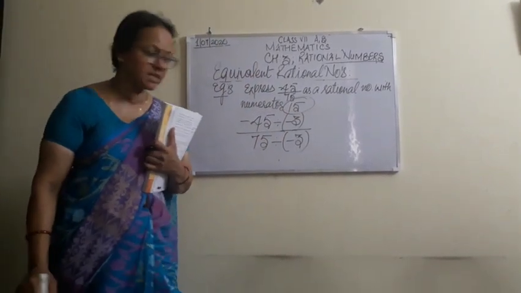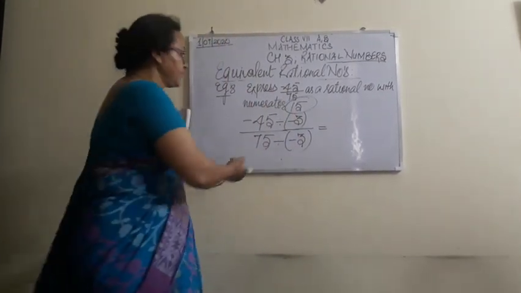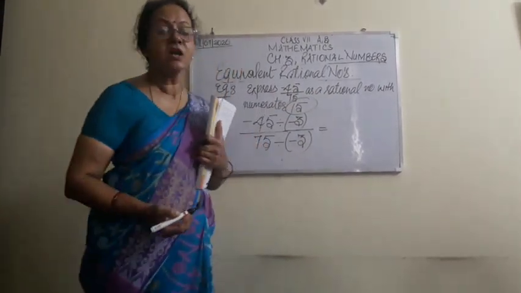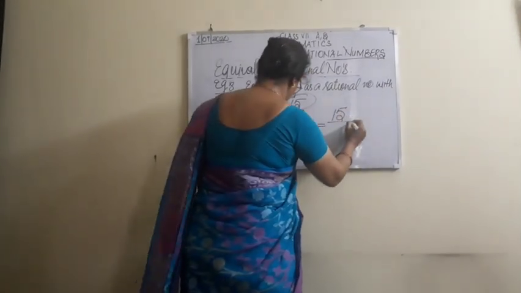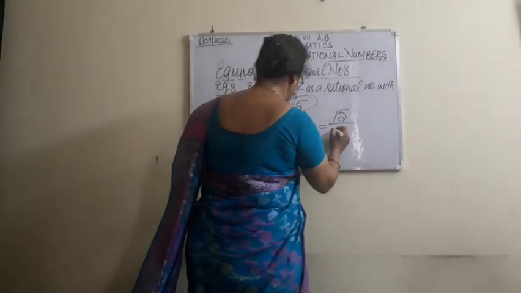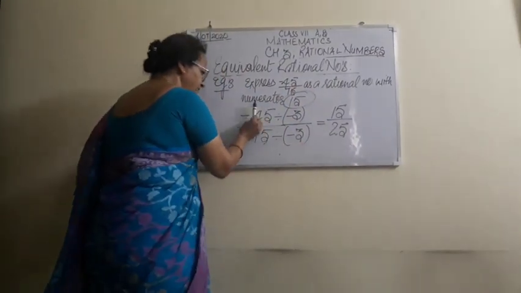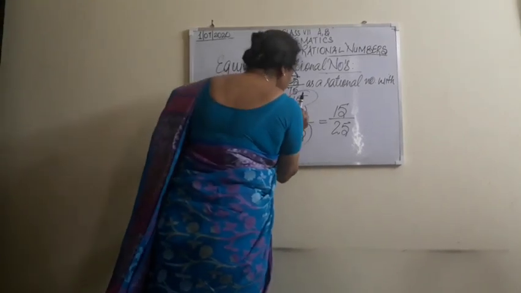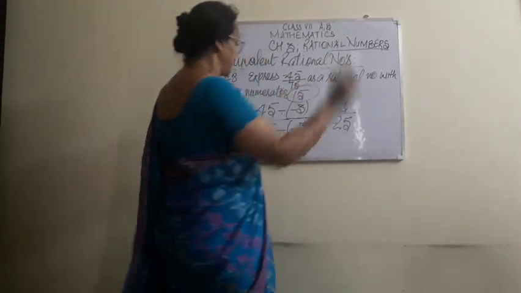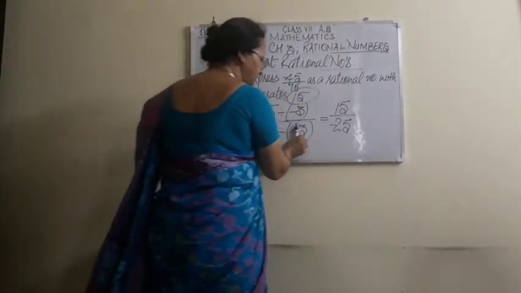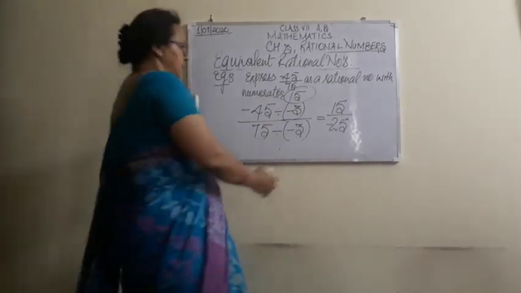When we divide a negative number by a negative, we get a positive. So 15 threes are 45. When we divide minus 45 by minus 3, we get plus 15. And 75 divided by minus 3, we get minus 25. So this is the answer.